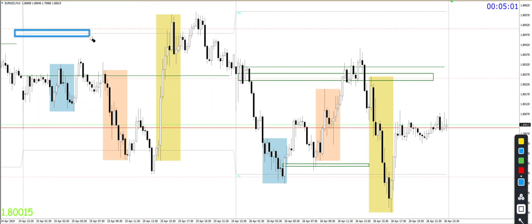Again, I've got these drawn automatically on my chart just to make it easy for me. Okay. But you don't need these indicators. You can visually see on your chart where that high is. Okay.